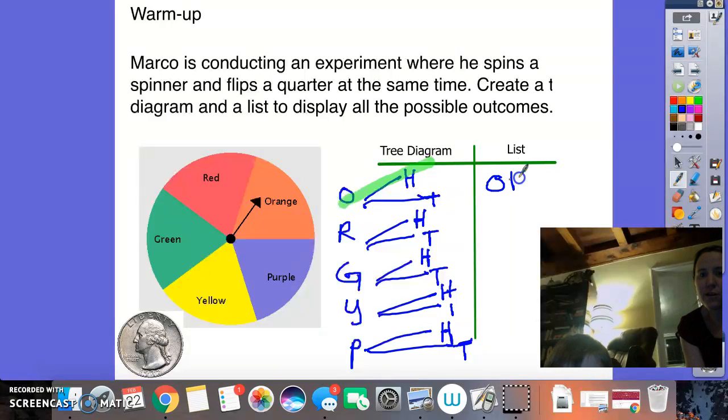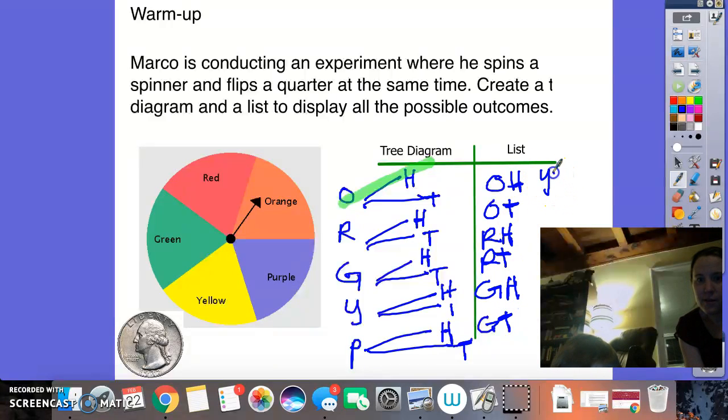So I have orange with heads, orange with tails, red with heads, red with tails, green with heads or tails, yellow with heads or tails.